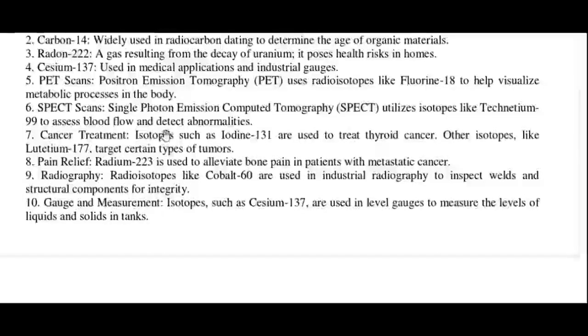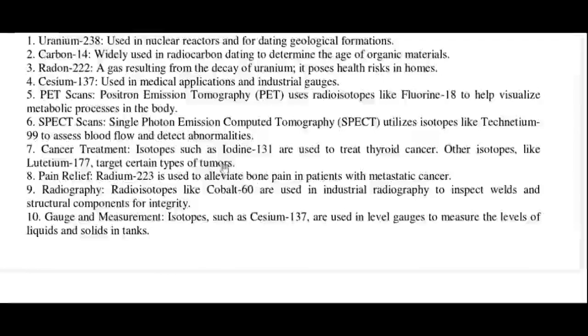PET means positron emission tomography, and this scan uses radioisotopes like fluorine-18 to help visualize metabolic processes in the body. Then we have SPECT scans, single photon emission computed tomography. It utilizes isotopes like technetium-99 to assess blood flow and detect abnormalities.